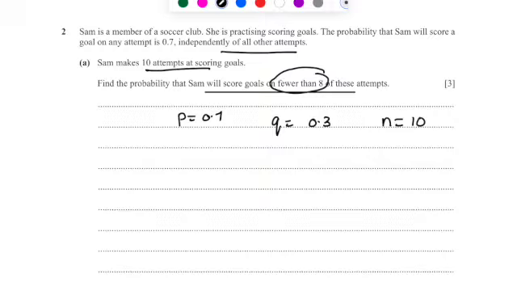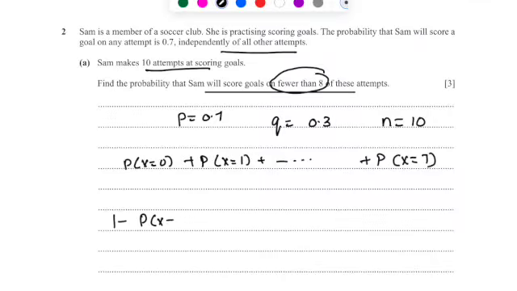Fewer than 8 means it should be 0, 1, 2, 3, so on till 7, which is very difficult to add. So what do I do? 1 minus 8, 9 and 10.